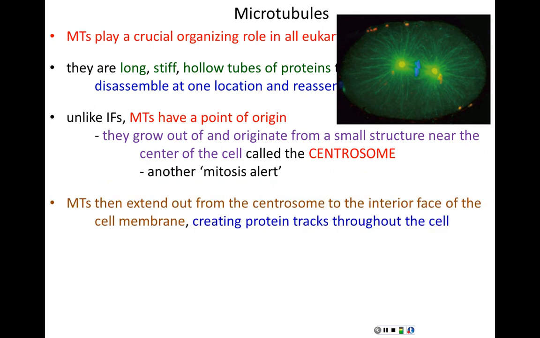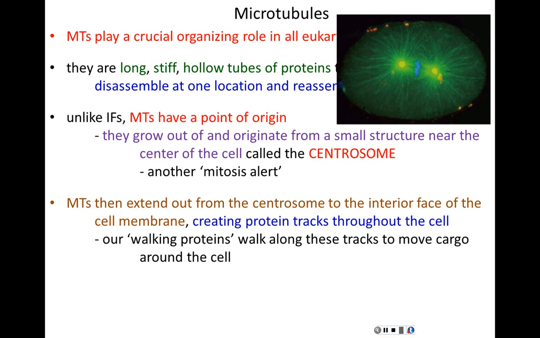Another mitosis alert here. Once the microtubules project out of that centrosome, they're going to anchor. They can anchor at the interior face of the cell membrane, thereby creating protein tracks throughout the entire cell. Our walking proteins, which we've talked about before, walk along these tracks to move cargo around the cell.